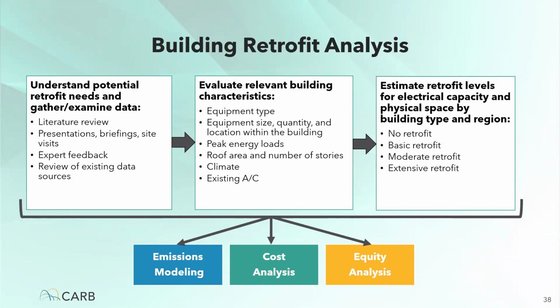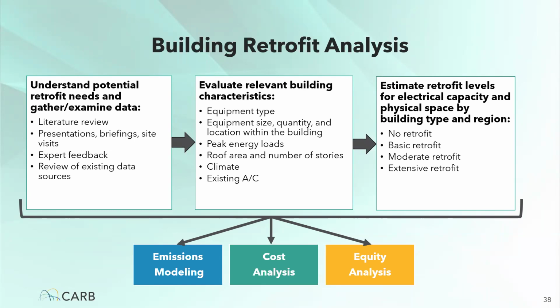After that, we estimated retrofit actions based on existing and replacement equipment types, equipment size, quantity, and location, and building characteristics such as building type, energy use, climate, and available space in and around the building.